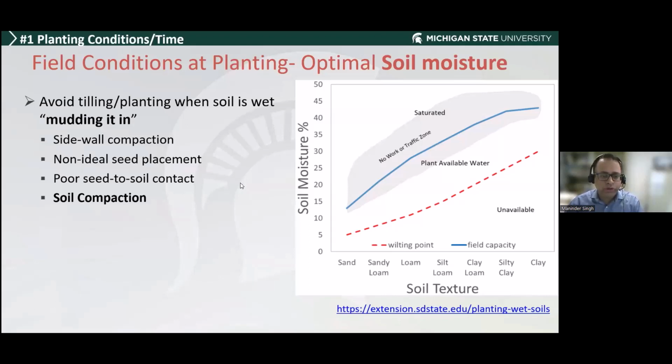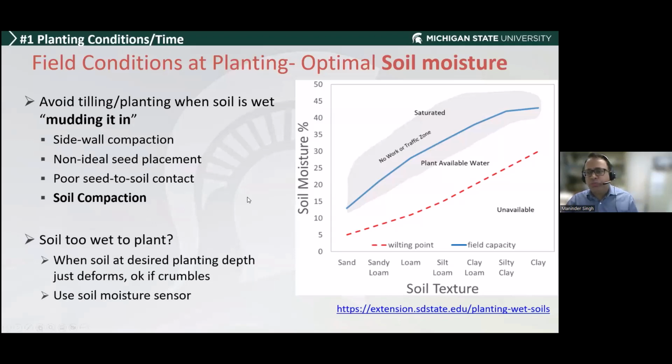In terms of what is too wet to plant, I have this graphic here that nicely explains it. The window that's shaded here is a no work or traffic zone, and that depends on our soil texture. How wet the soil can be is going to depend on our soil texture, as you can see here.